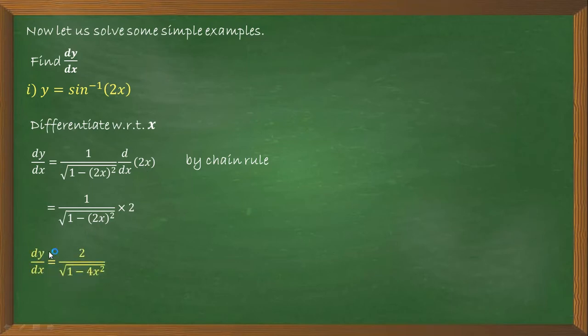So hence the answer is 2 upon root of 1 minus 4x square. This 2x bracket square can be written as 4x square. So remember the rule of derivative of sine inverse x, then you will get the answer like this, 2 upon root of 1 minus 4x square. Very simple.